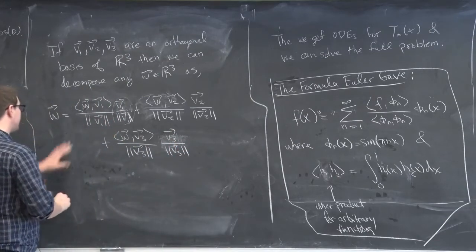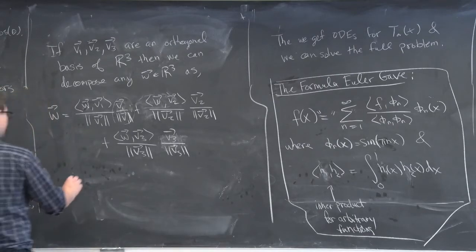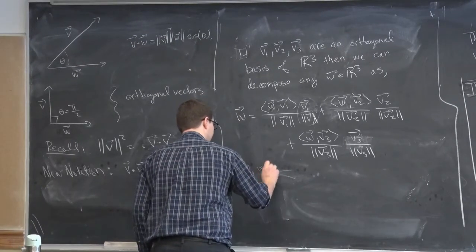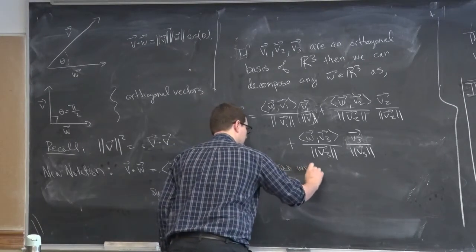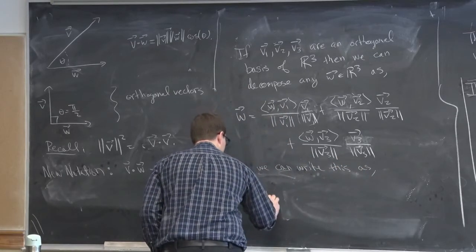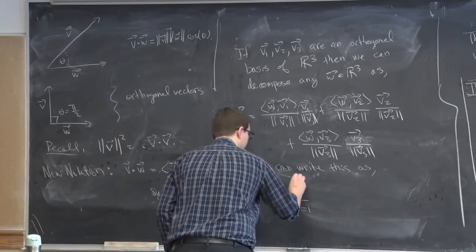Okay? So this is really just the sum, or we can write this as the following. W is equal to the sum from j equals 1 up to 3.